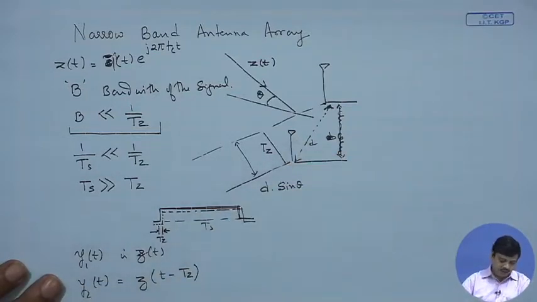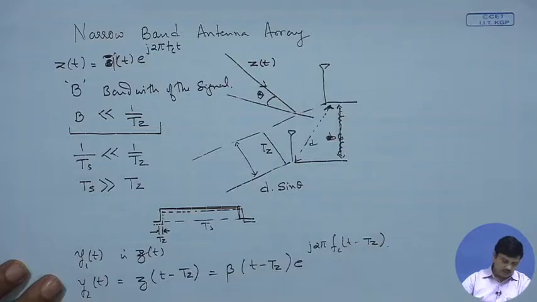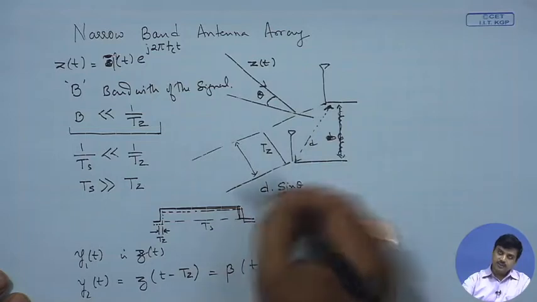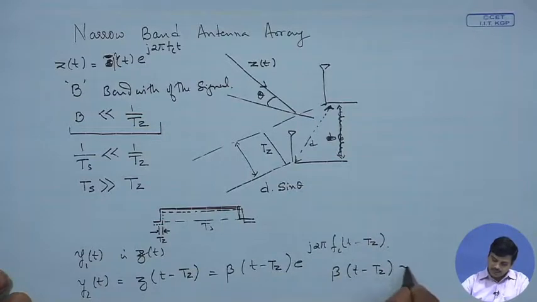So, that is the delay between these two antennas, which would be beta of t minus Tz times e to the power of j 2 pi f c times t minus Tz. We will also make the assumption that there is an identical antenna pattern. That means the antenna patterns of this and this are the same. So, we can make the assumption that beta of t minus Tz is approximately equal to beta of t.